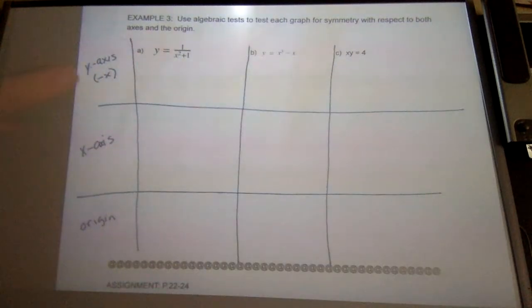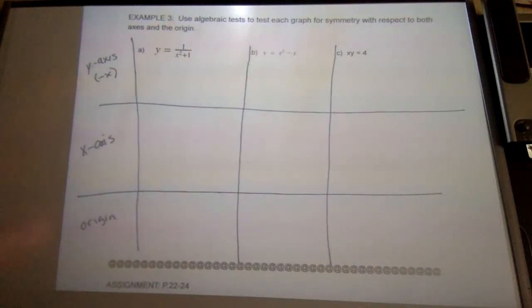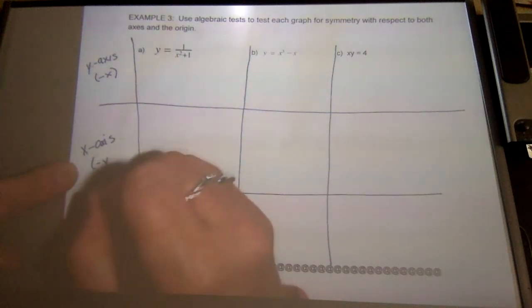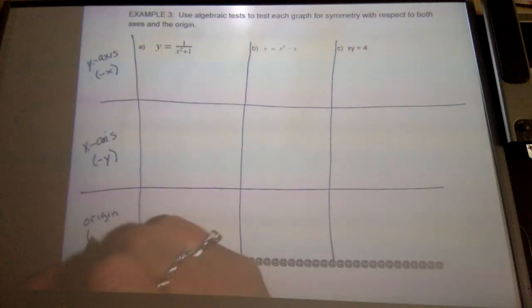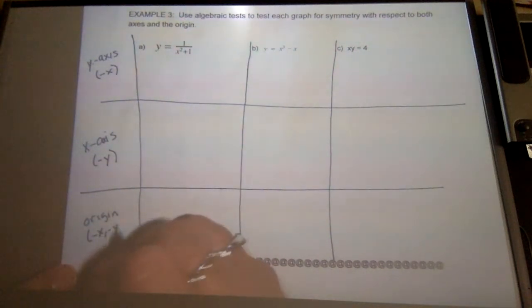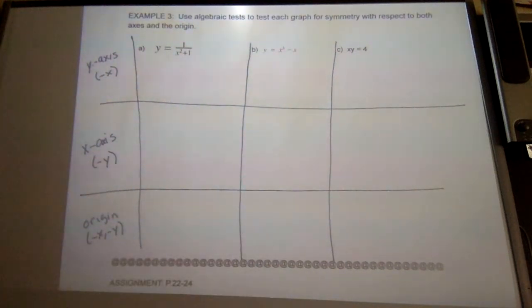For symmetry with respect to the x-axis, I let y be negative. And then symmetry with respect to the origin, I let them both be negative, and I look to see if I come up with the original equation.